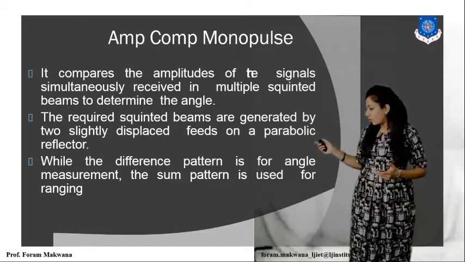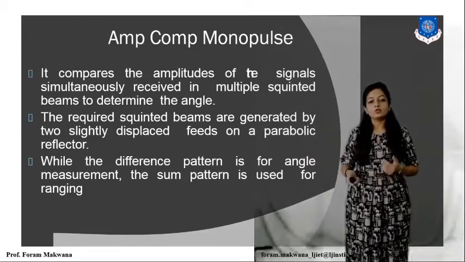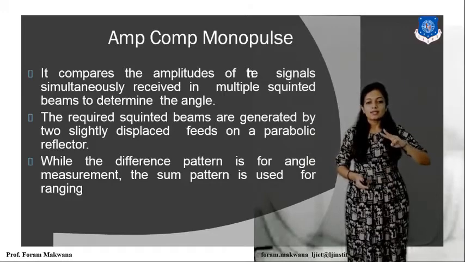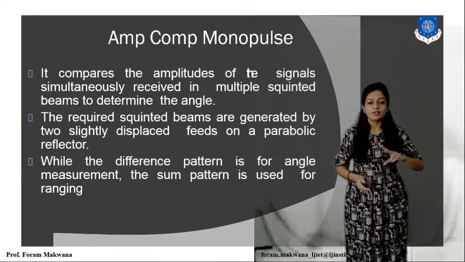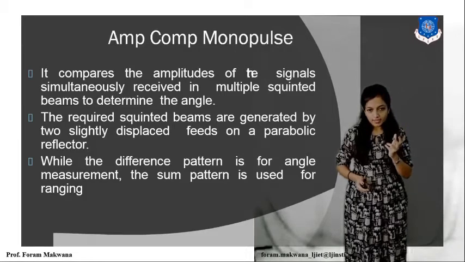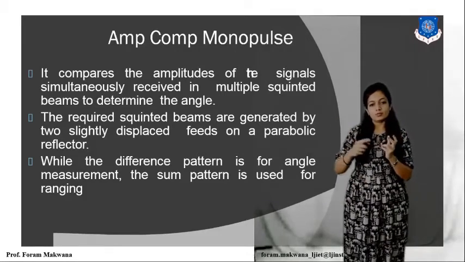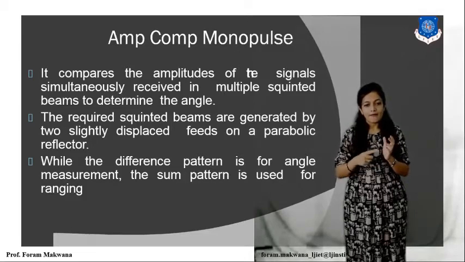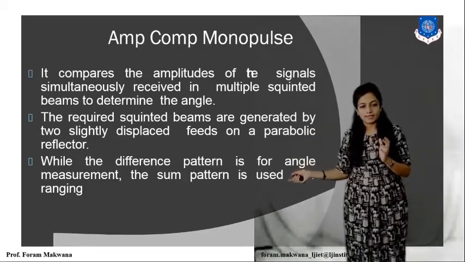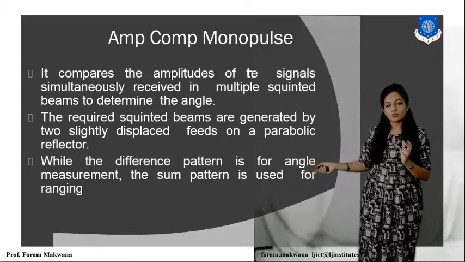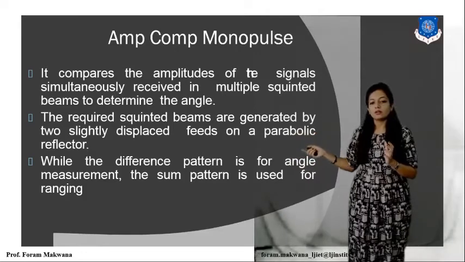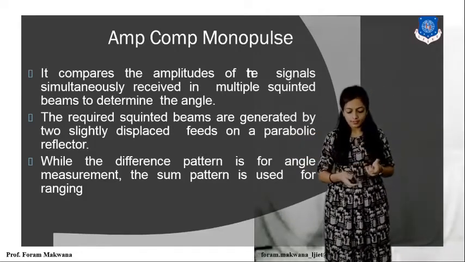The required squinted beams are generated by two slightly displaced feeds on the parabolic reflector. While the difference pattern is operated, we are able to generate the sum pattern. The sum pattern is used for ranging and the difference pattern is used for angle measurement. Alright?